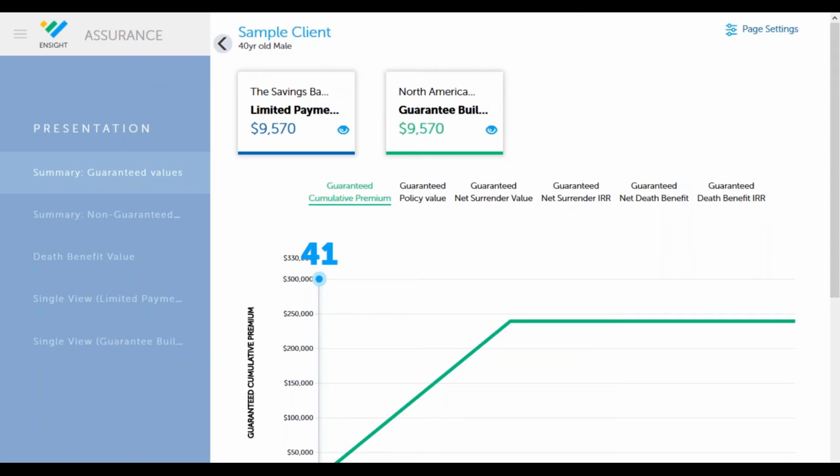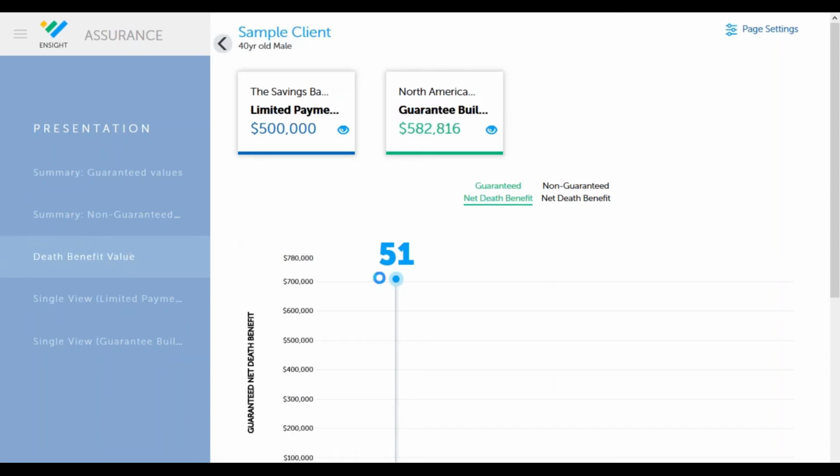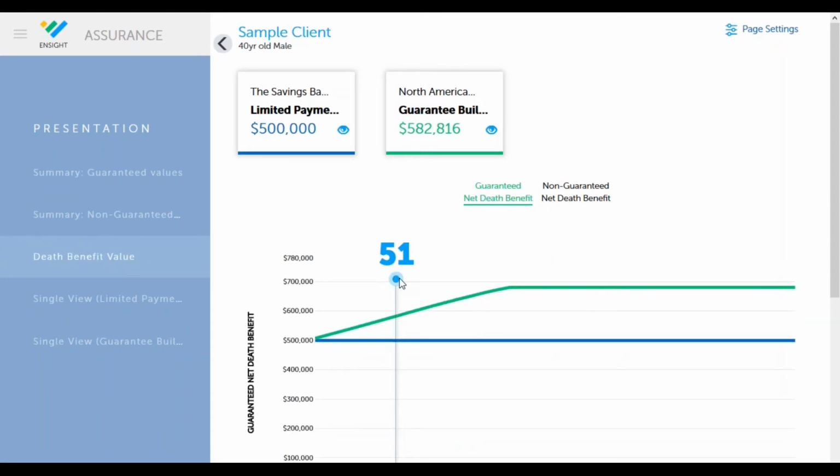I'm going to go back to the guaranteed values. This is something else that I think is kind of interesting to look at too. The internal rate of return on these products now on a guaranteed basis, the whole life is going to look pretty good.